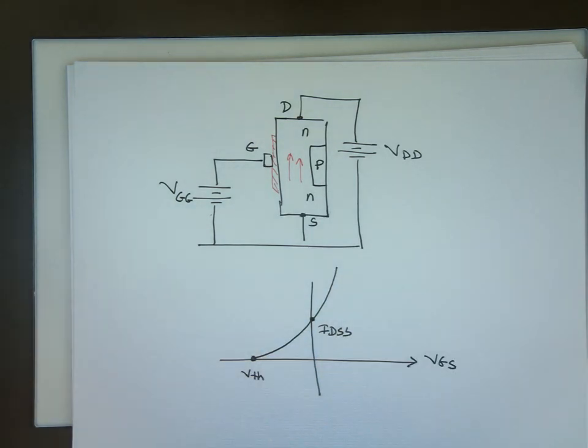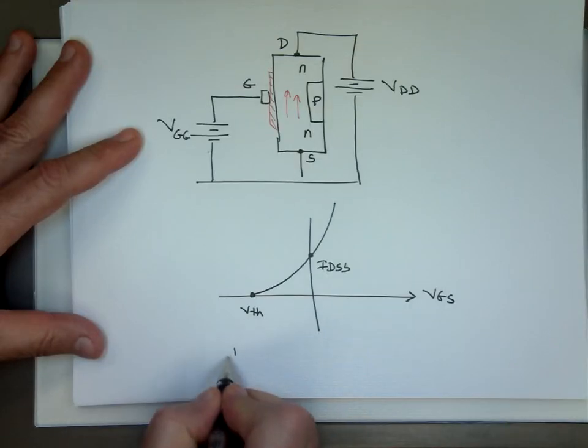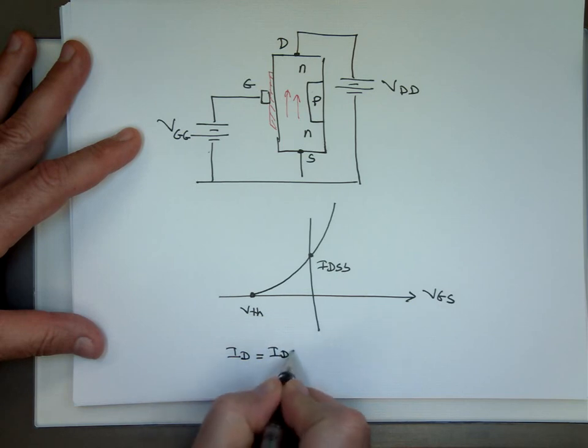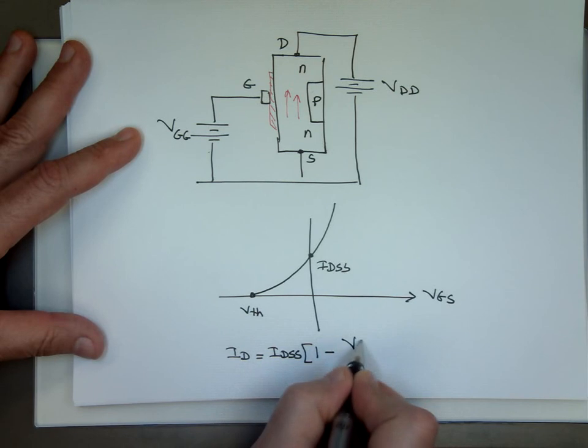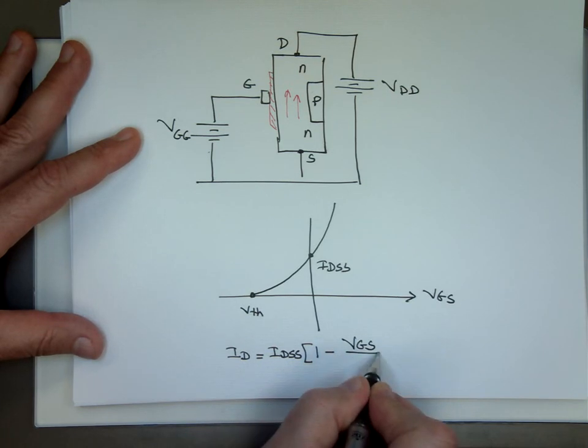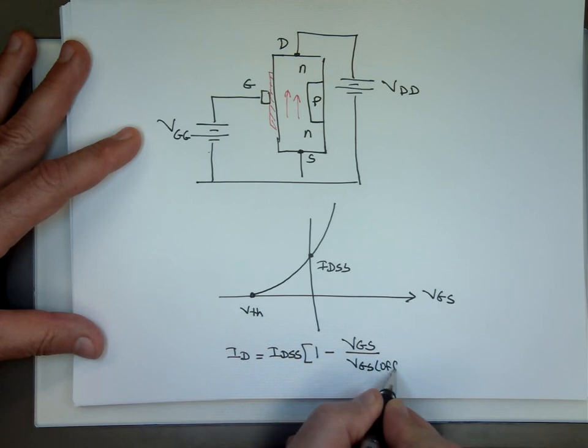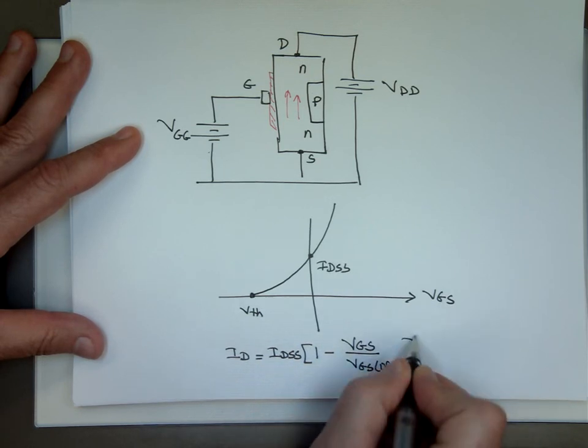Why? Because the equation for the current, I sub D, is still the same. I sub D is equal to I sub DSS times 1 minus VGS over VGS off, squared. That equation doesn't change.